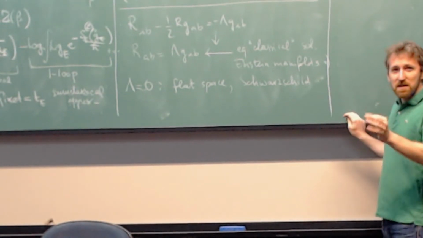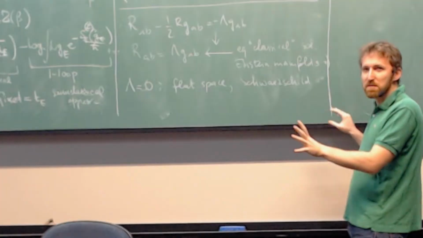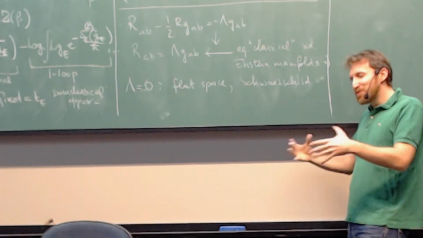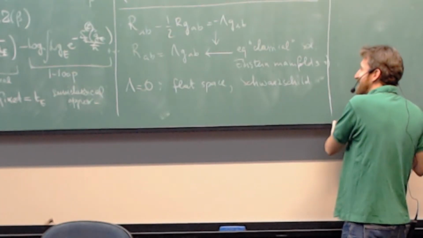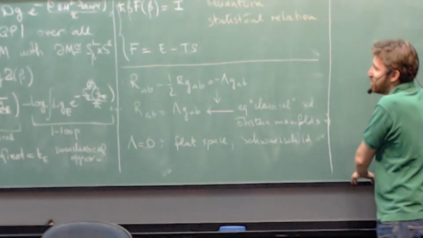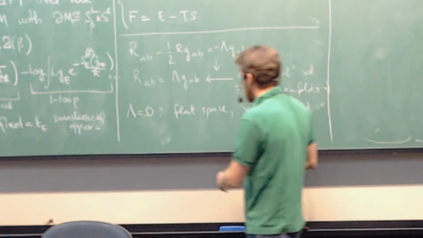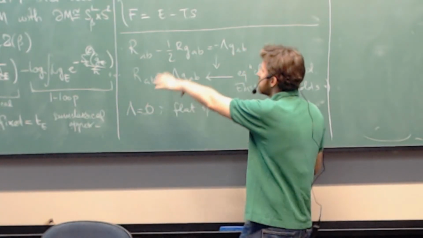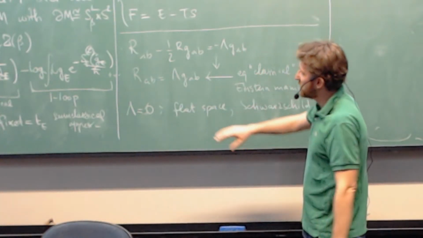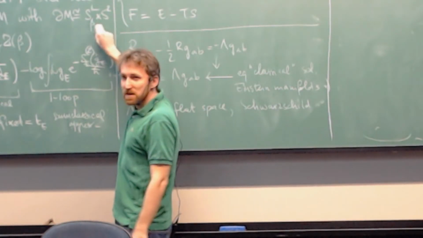However, it has a problem that makes the entire setup of the gravitational path integral even more debatable than it could be, which is the temperature of the Schwarzschild black hole. Suppose I was to do the computation that I said earlier, so we look at the gravitational path integral over all the geometries with boundary S1 times S2.